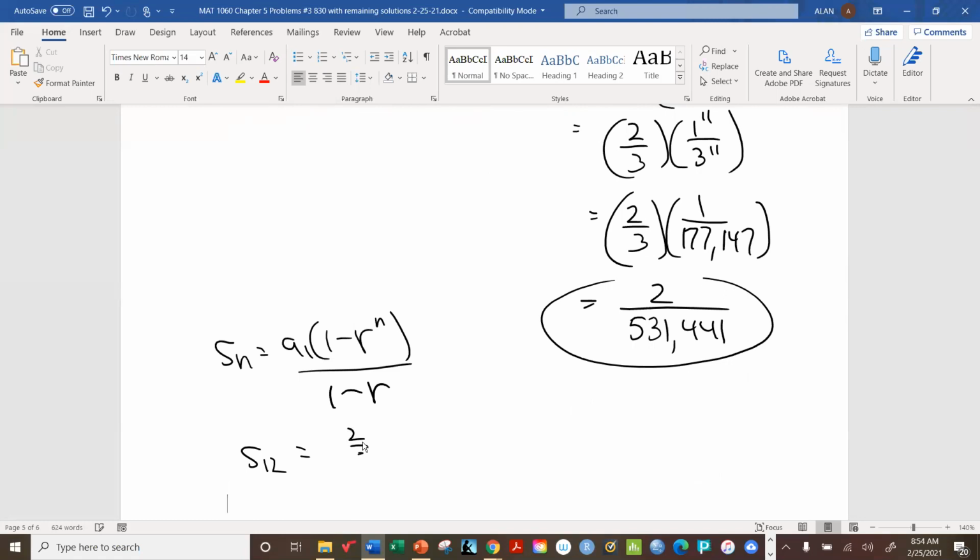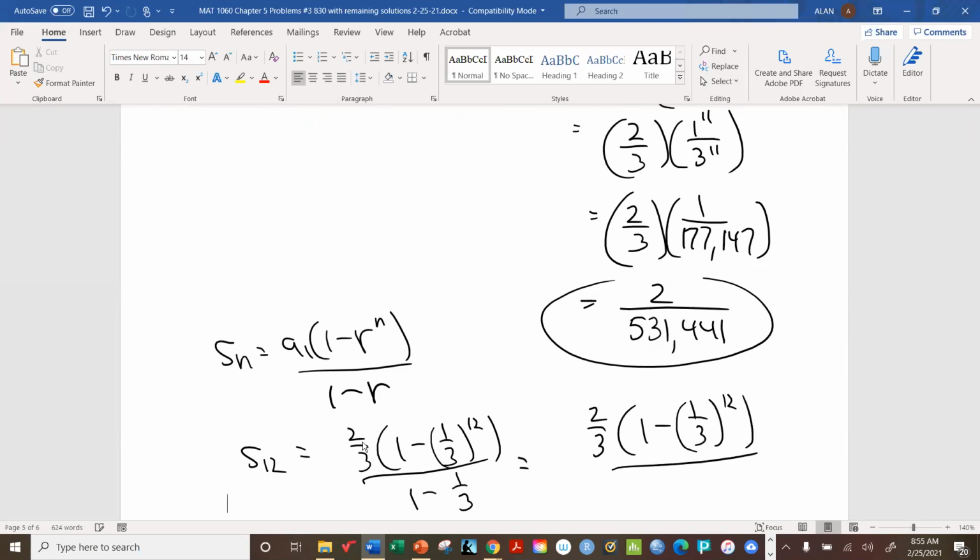So we started with 2/3 times 1 minus 1/3 to the 12th over 1 minus 1/3. All right, so here we got a bit of a break because the numerator and the denominator cancel each other out, don't they?